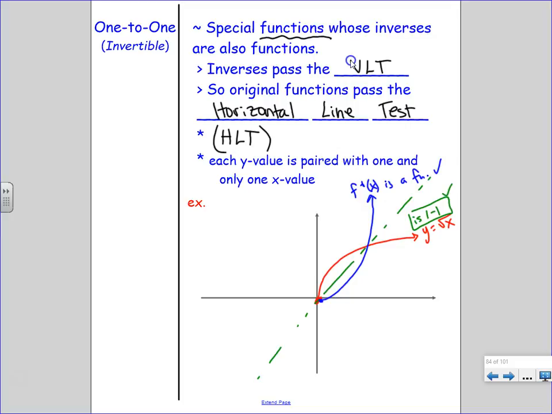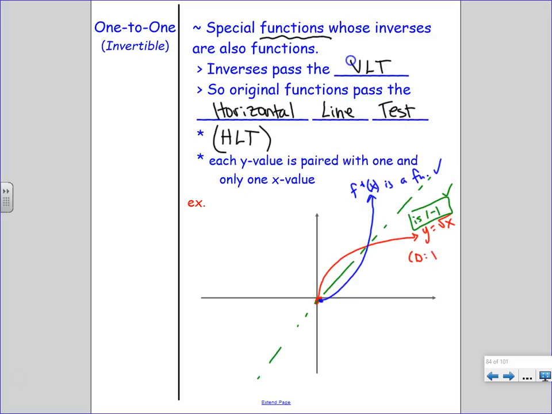Now there's some funny stuff that goes on with this if you were to solve for the inverse of y equals square root of x. It's kind of funny because you get x squared and you're like, wait, but x squared, that doesn't work. So we have to add in, or remind ourselves of something, when we do it algebraically. If we look at this function, what is its implicit or implied domain?